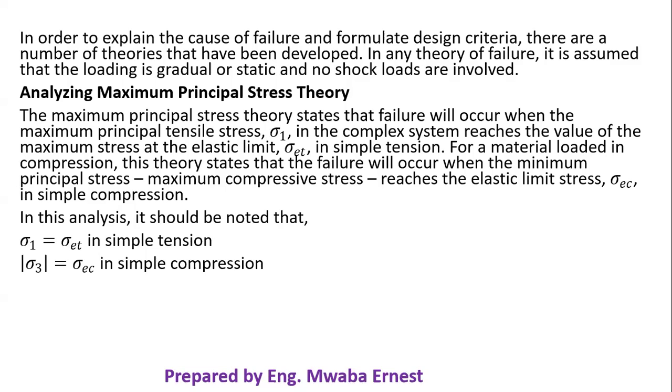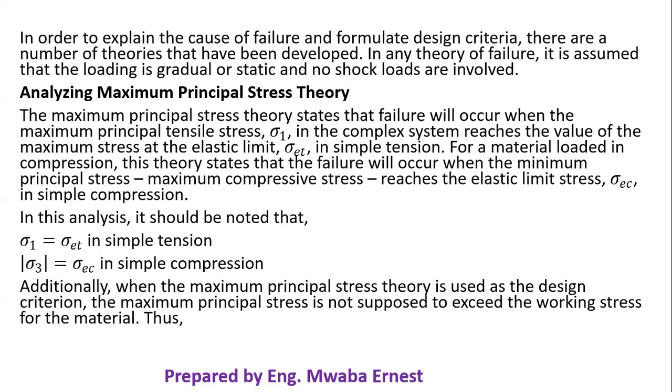But when we're comparing the stress reaching the elastic limit stress for a material loaded in compression, we ignore that negative and pick the absolute value. We've already specified that this material is loaded in compression. So here is our case: at such a point, stress 1 can be either less than or equal to that general principal stress.